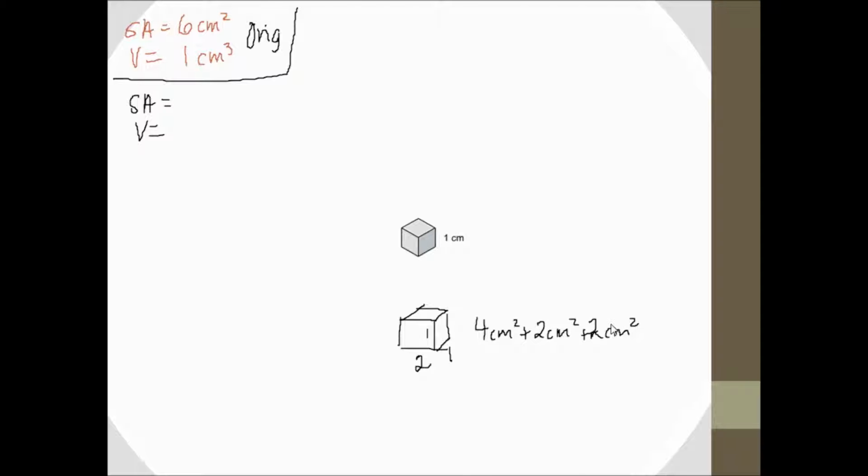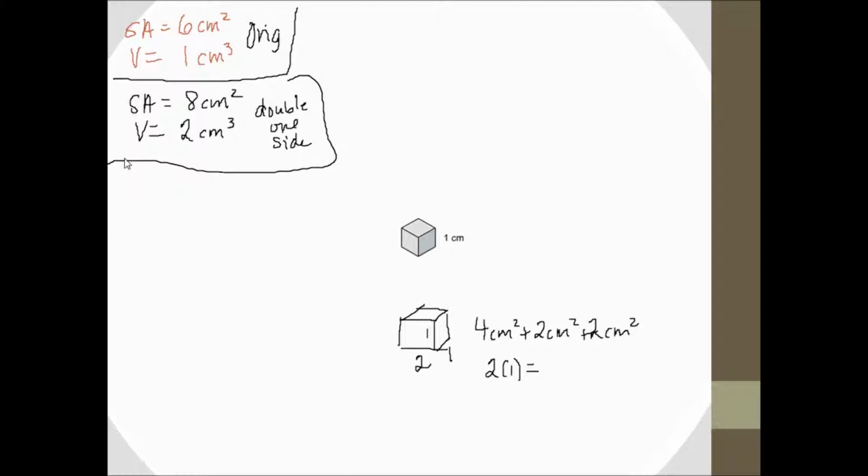So 4 plus 2 plus 2 is 8 square centimeters. Now let's take a look at the volume. The bottom is 2 by 1, so that's 2, times a height of 1, which gives me a volume of 2 cubic centimeters. So this is when I just doubled one side.